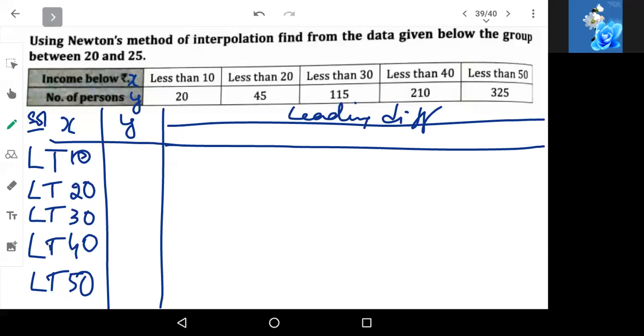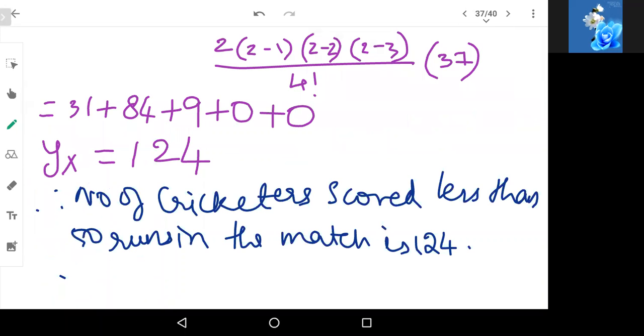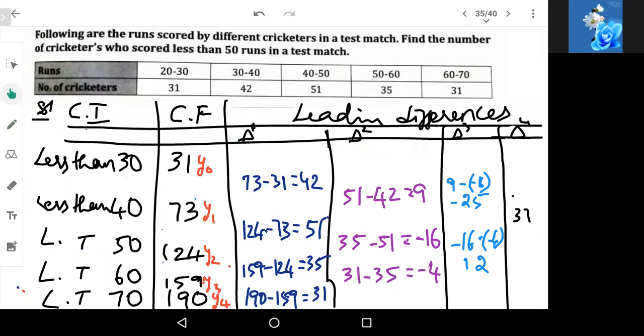Now in the next column you are supposed to write 20, 45, 115, 210, 325. Remember one thing, in problems like this, if you see the closed-ended class interval where you have upper limit and lower limit, these will be the frequencies where we have to find the cumulative frequency.